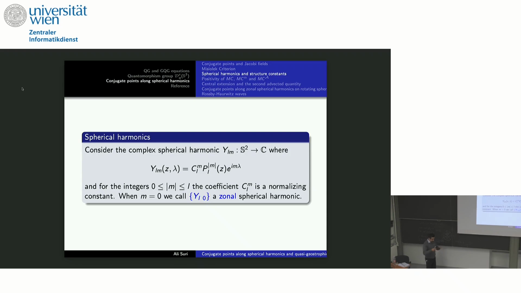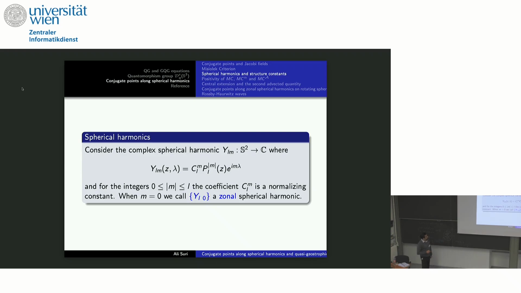So let's go to the specific case of the sphere for these equations. We will use a set of exact solutions of these equations, which are generated by spherical harmonics. These are the associated Legendre polynomials, and this is just the usual complex exponential.